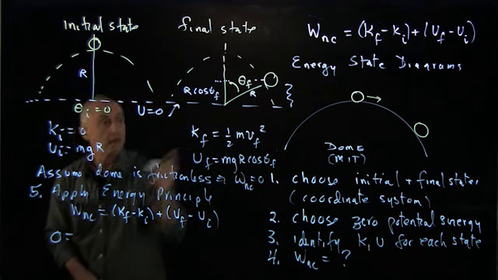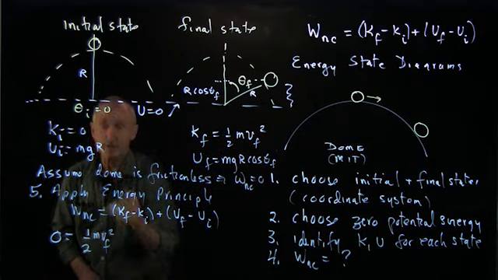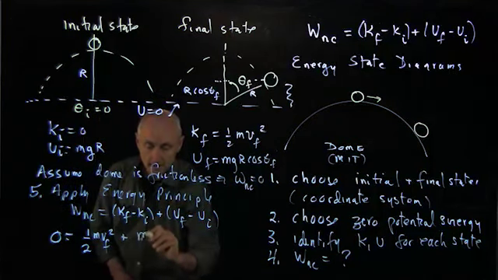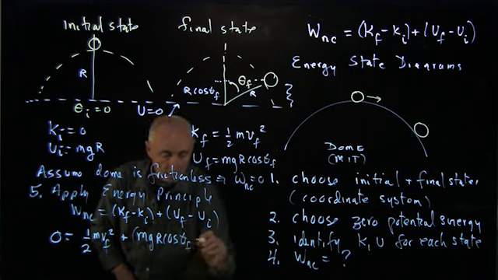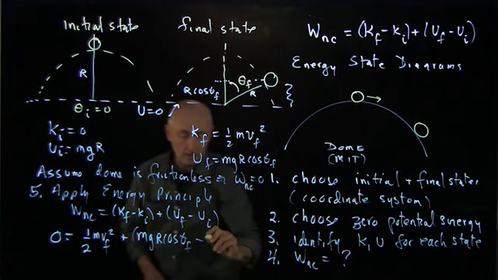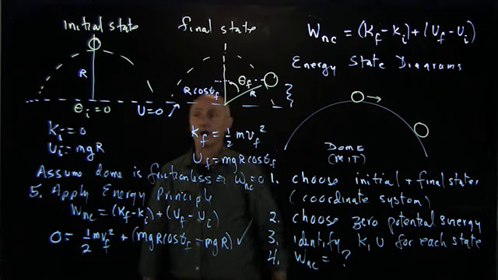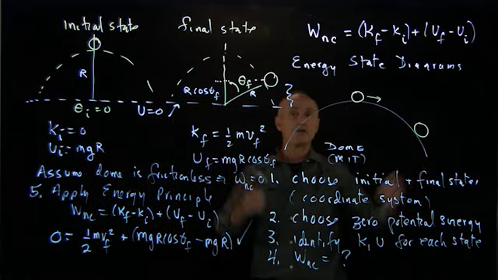That's 0 equals K final, 1/2 m v final squared, minus K initial, 0, plus U final, mgR cosine theta final, minus U initial, mgR, and there we have applied the energy principle using the tool of energy diagrams.